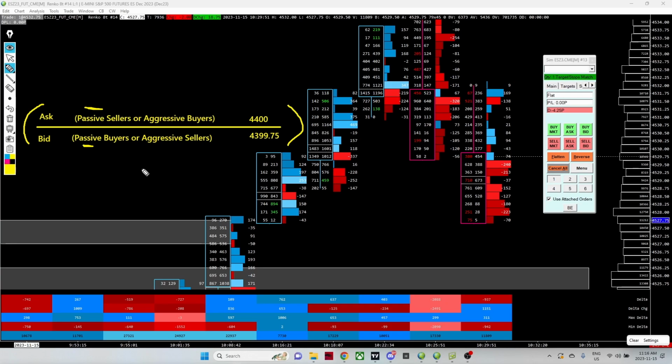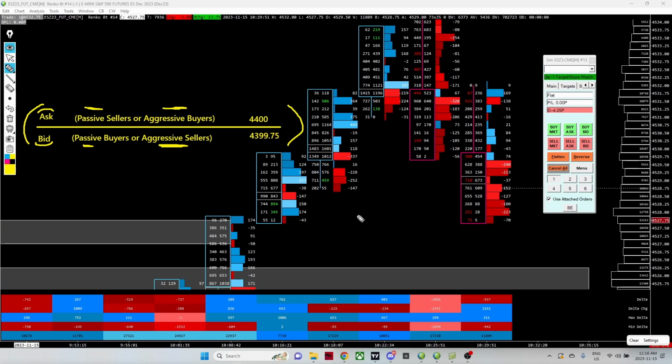Passively selling the ask. Aggressive sellers are aggressively selling what? The bid. Aggressive buyers are aggressively buying what? The offer. A buyer cannot aggressively buy the bid. He can't do that. It's not how the market works.